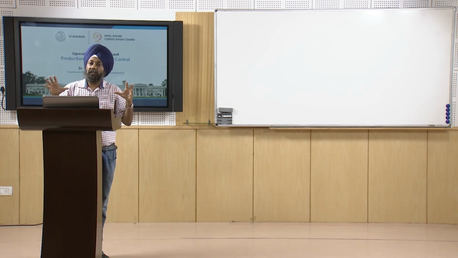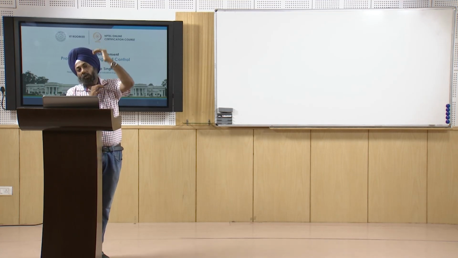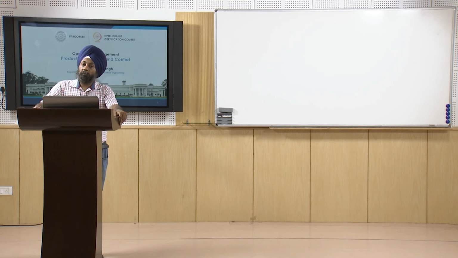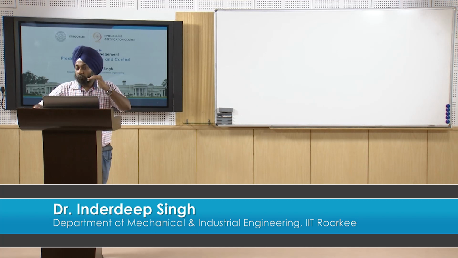Our production planning and control decision making activity may involve long range decisions, intermediate range decisions and low level decisions. But I must say that all levels of decision making are equally important from the point of view of the success of an organization, and different people will be involved in making decisions at different levels of the organization.